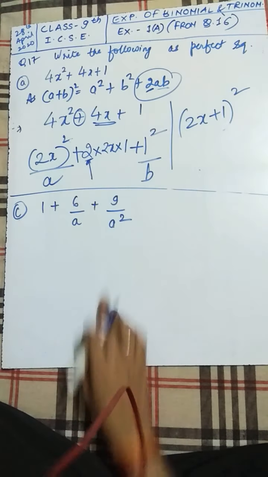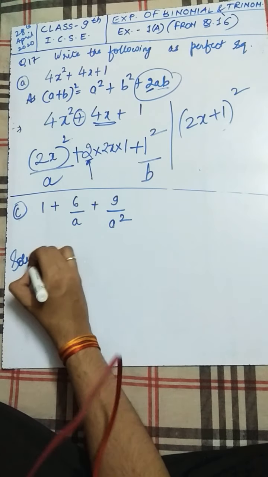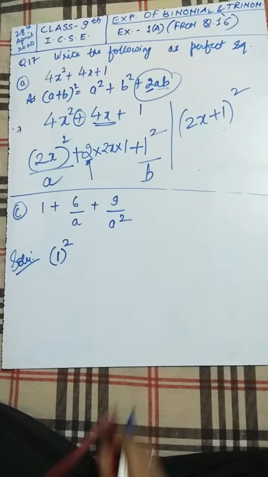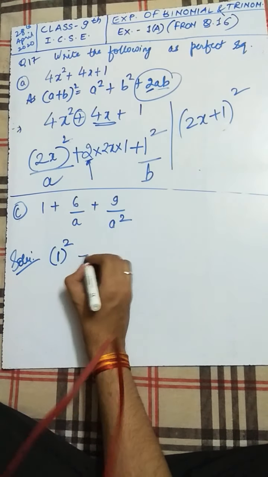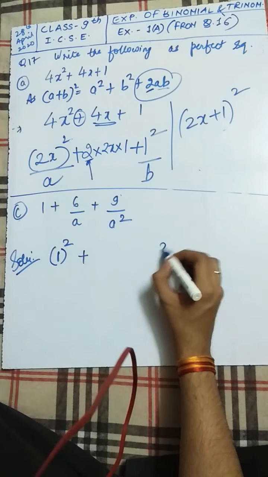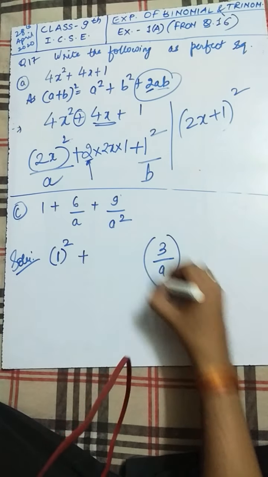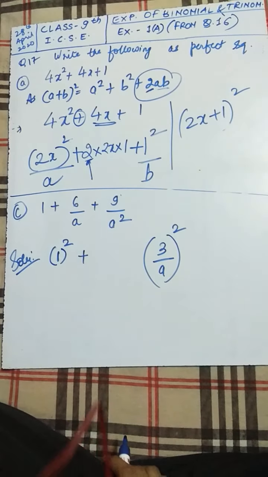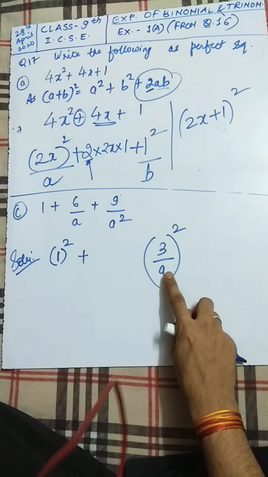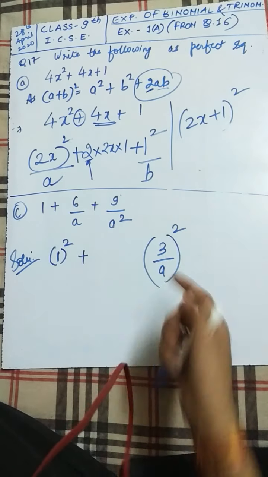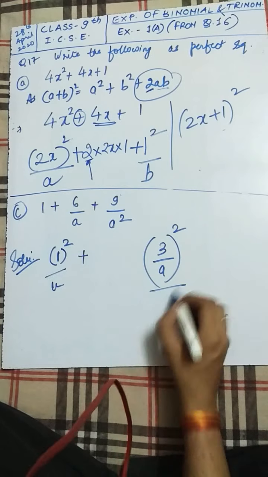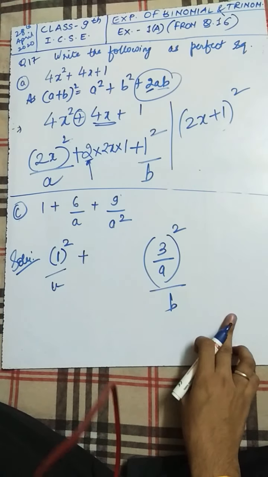Okay, let us come to this question. This 1 can be written as 1 the square, plus, I'm leaving some space. This 9 upon a square, can it be written as 3 upon a the whole square, right? Why? Because 9 is 3 square, and a square is a square. So this 3 upon a whole square, it becomes a and it becomes b. Now what is left?